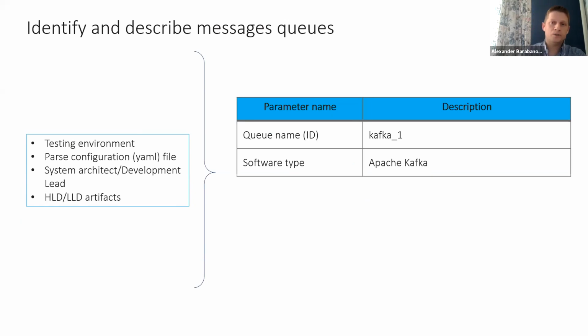To do that, you again could analyze your testing environment, or analyze some repository, or analyze configuration in YAML files, and collaborate with your team members like the system architect or development team lead in order to get that information.